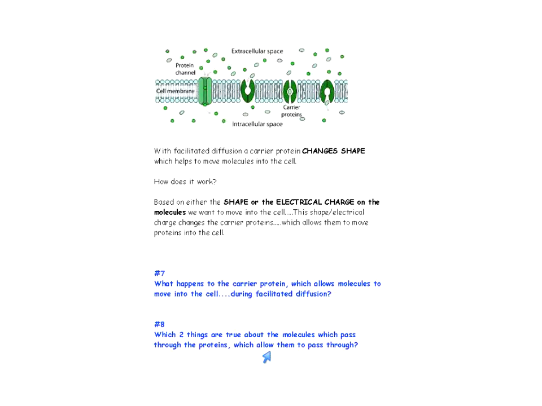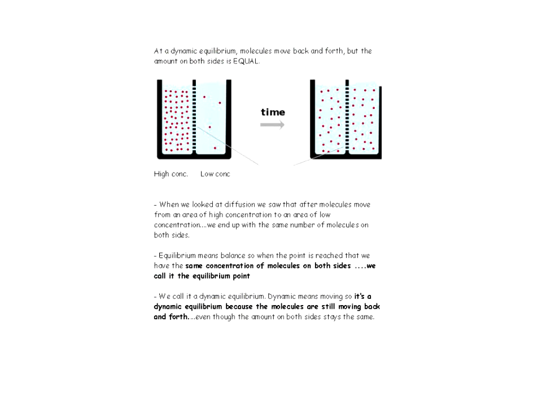Okay, good, awesome. And then which two things are true about the molecules which pass through the proteins, which allow them to pass through? Remember it's the shape and the electrical charge. Alright, so let's go on to the next page then.